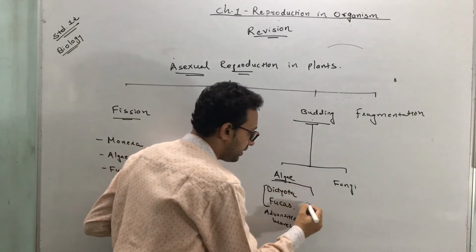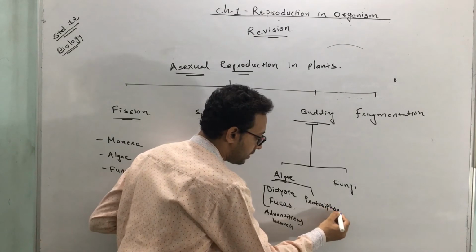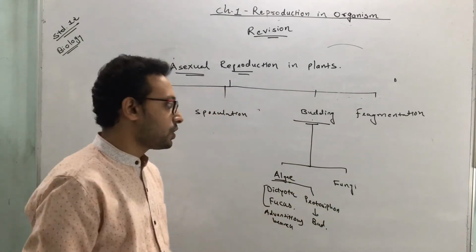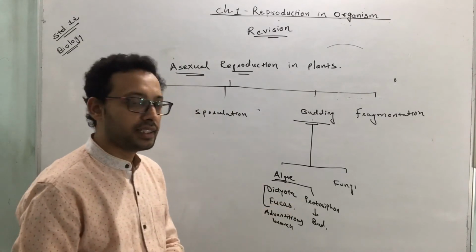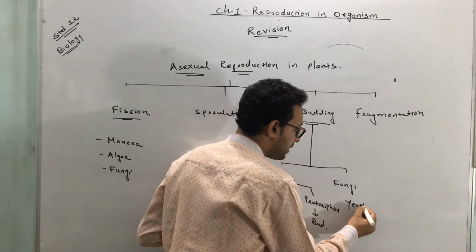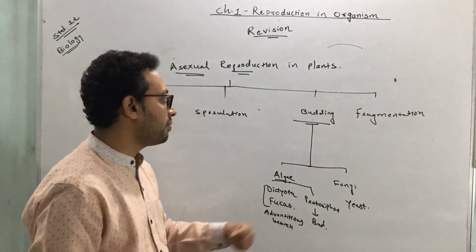And the algae called Protosiphon reproduces by formation of a bud. Okay, so that is budding in algae. Similarly, which fungi reproduces by budding? It is yeast. Okay, so that's about budding.